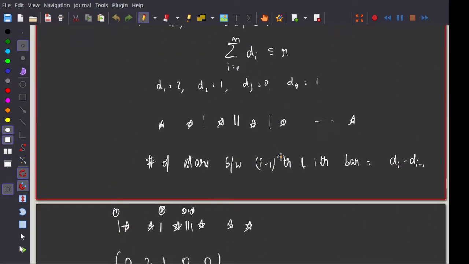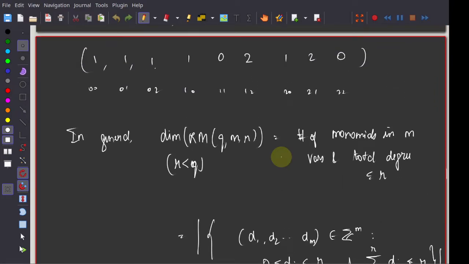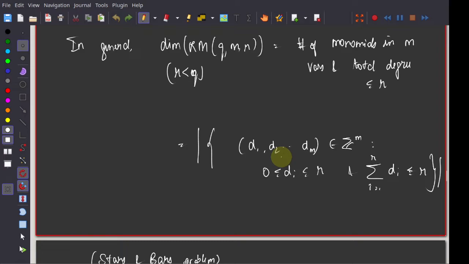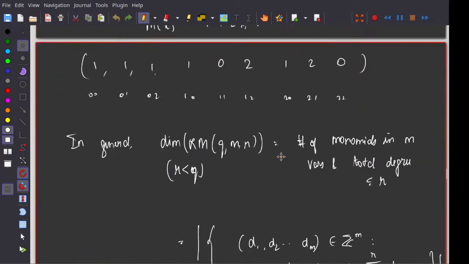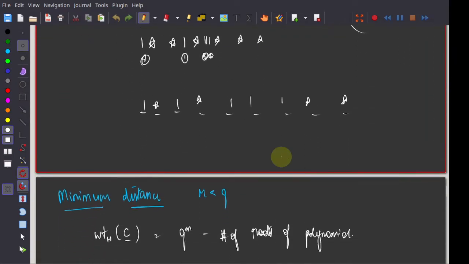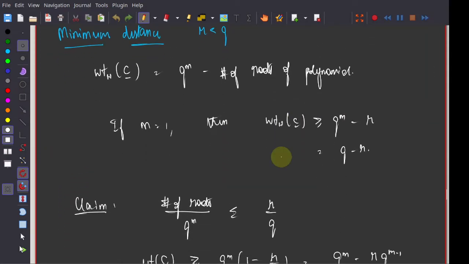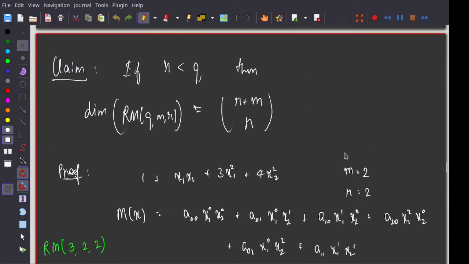So first we focused on the case where R is strictly less than Q. So basically the field size is sufficiently large, and we showed that the minimum distance is at least Q minus R, and the dimension is R plus M choose R.